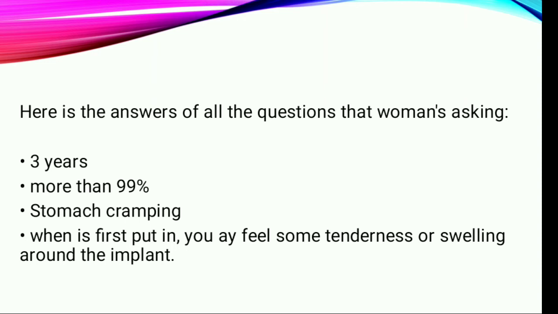The implant typically has holes in it for the skin to grow into, making the implant permanent. When it's first put in, you may feel some bruising, tenderness, or swelling around the implant. Your periods may become irregular, lighter, heavier, or longer. A common side effect is that your periods stop.